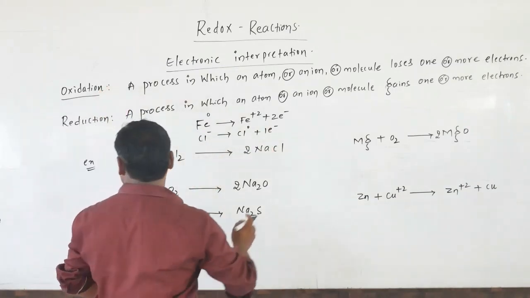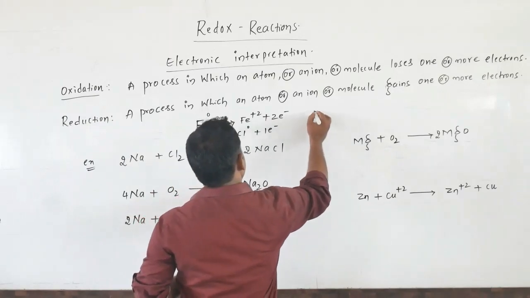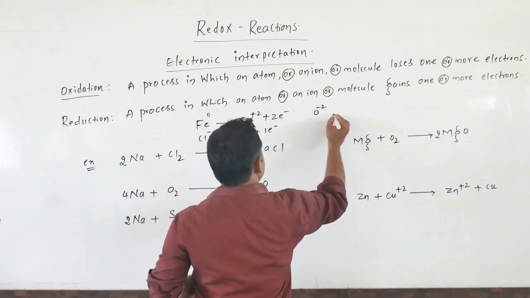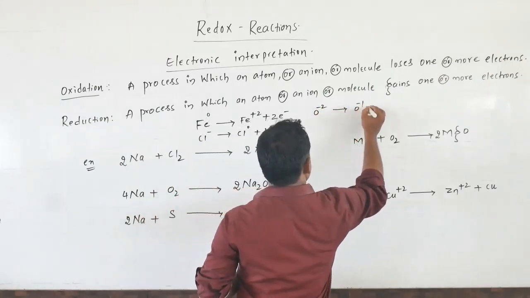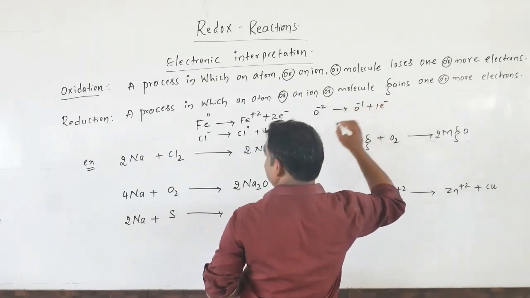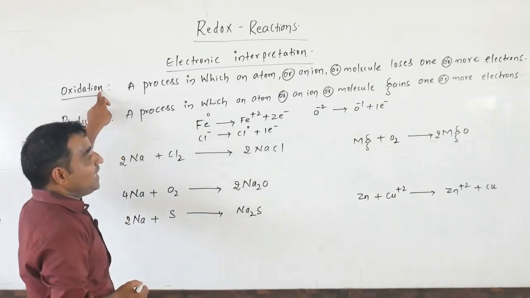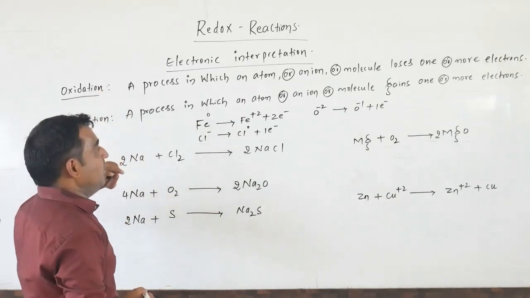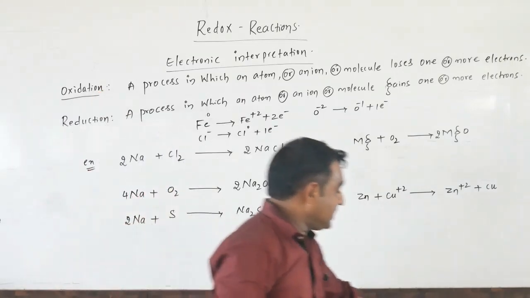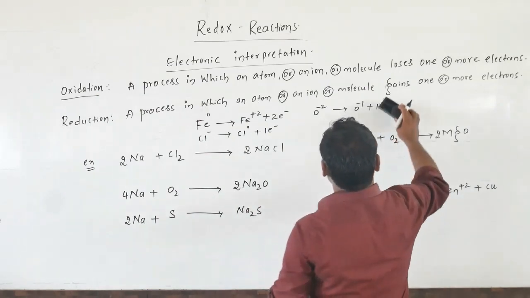So now we can take O minus 2 converted into O minus 1 by the loss of 1 electron. That is also called oxidation. Now we will discuss reduction also.